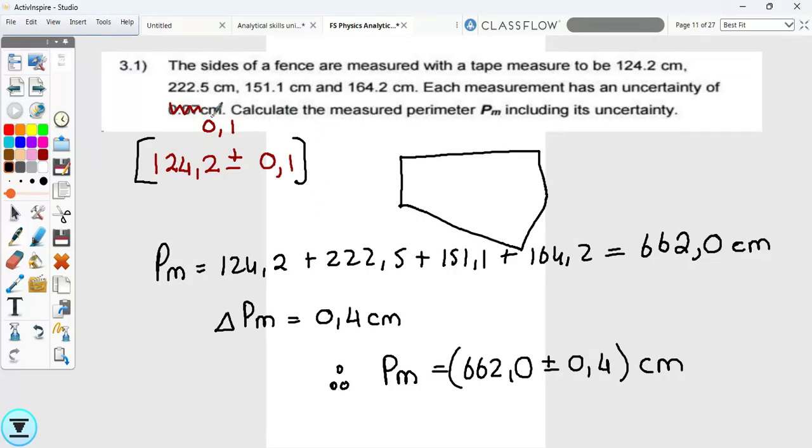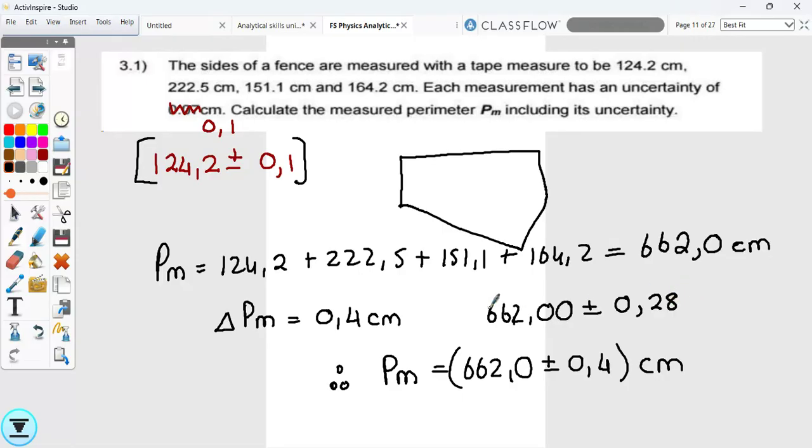So if you didn't use the 0,1, that's fine. You would have just had 0,7 times 4, so your value here would then have been 662,0 plus or minus. But that's adding random zeros with no purpose, because our uncertainty would have been 0,28, I'm assuming.